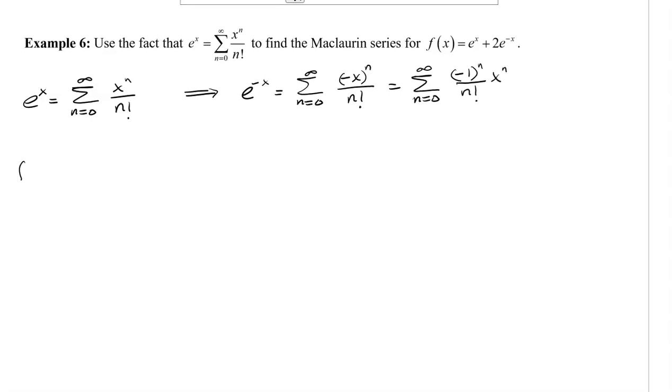Now, if we take our function f of x equals e to the x plus 2e to the negative x, that's going to equal our power series for e to the x plus 2 times our power series for e to the negative x.